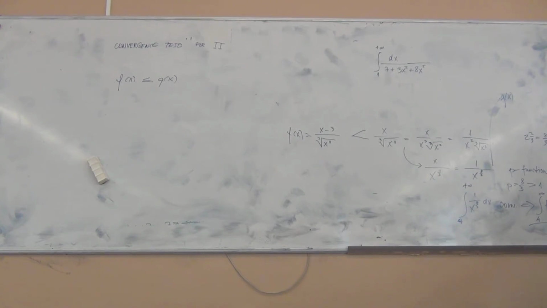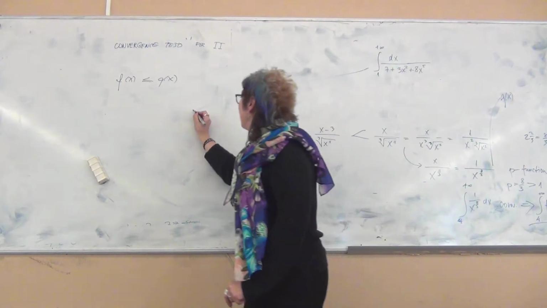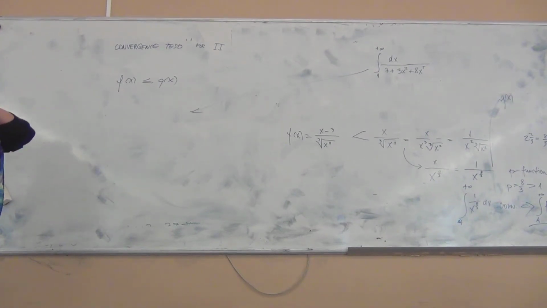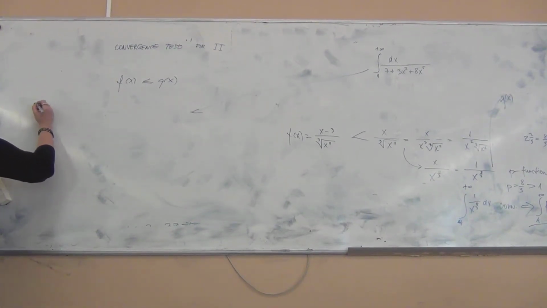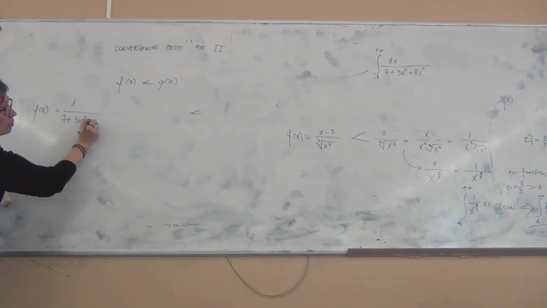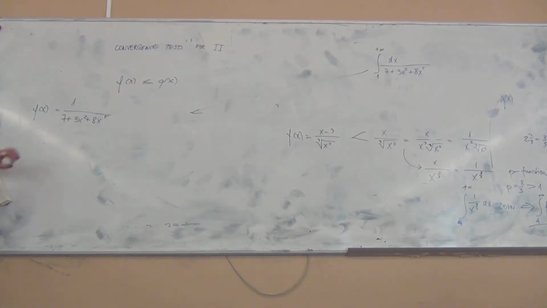Or if the greater function diverges, the smaller function might still converge, and therefore the second comparison test is in some situations better. For example, here, let's see how we can find the second comparison test useful. So the f function for this example is 1 over 7 plus 3x squared plus 8x to the fifth. Like this.